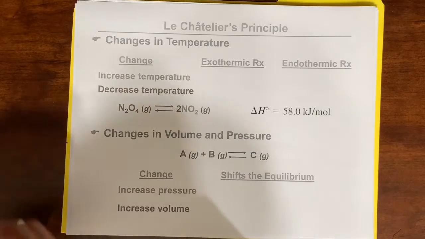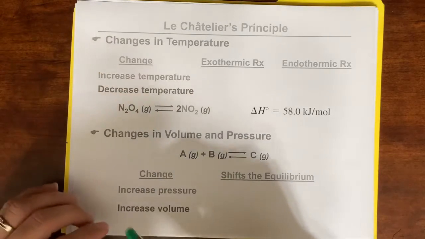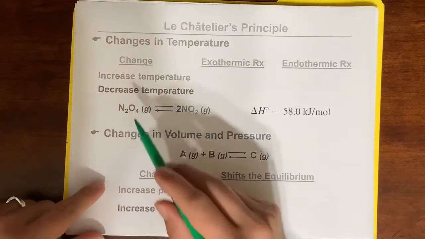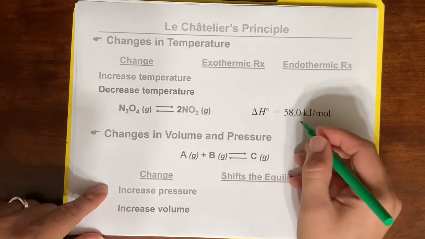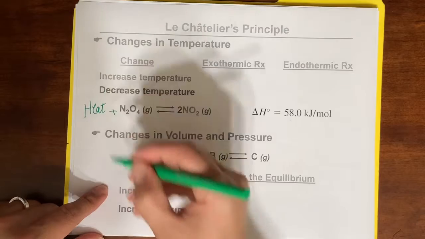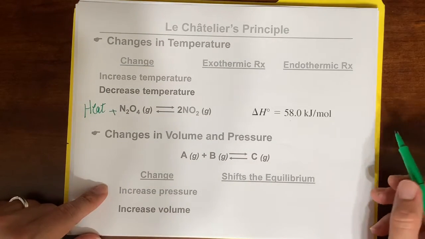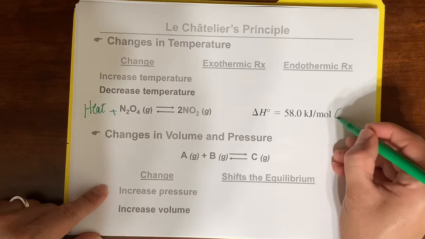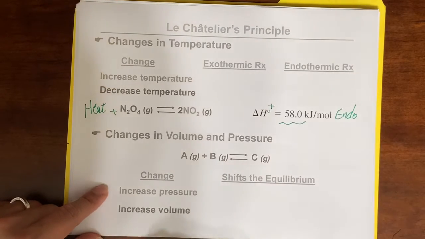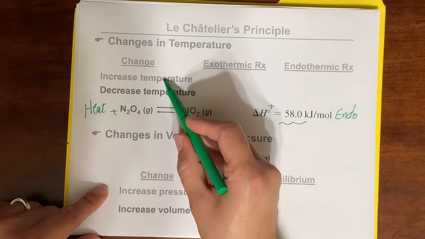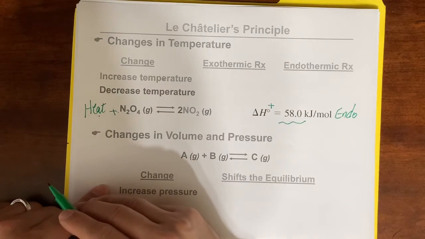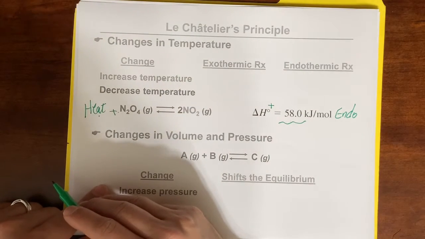If we have a reaction that is endothermic, like this one, and you increase the temperature, because this is endothermic you need to give it heat to move the reaction to the right side. Delta H is positive. So if you increase the temperature, because you are adding heat, the reaction will move to the right side.